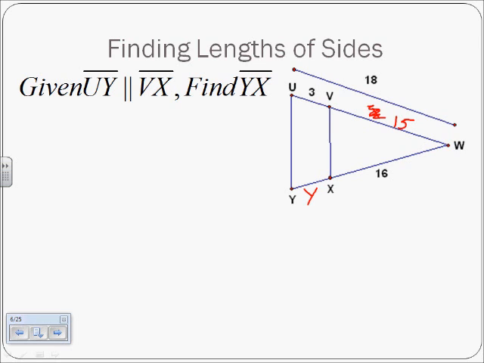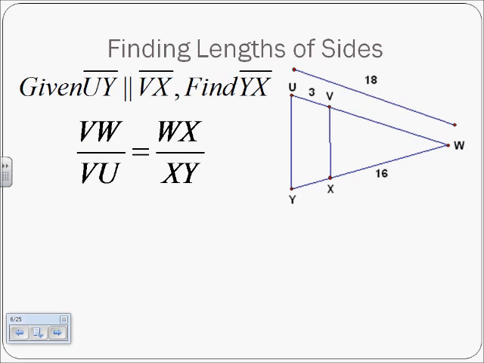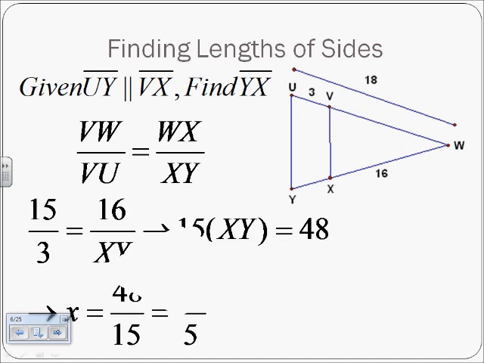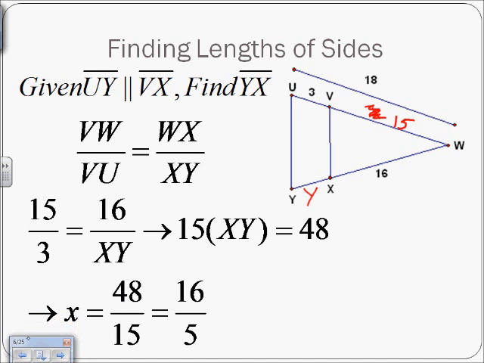Alright, proportionality statement. We know that we can make the statement that VW over VU is equal to WX over XY, given the triangle proportion statement. Filling in the information we know, 15 over 3, there's that 15 I was talking about, is equal to 16 over XY, or I'll just call it Y. Cross multiply and solve, we have 15XY is equal to 48.